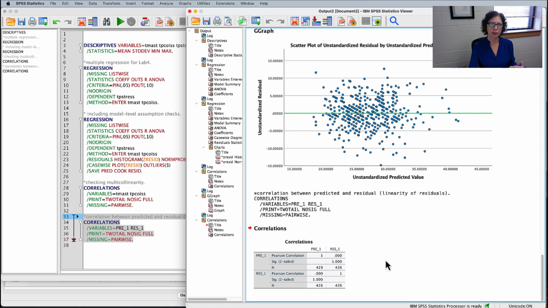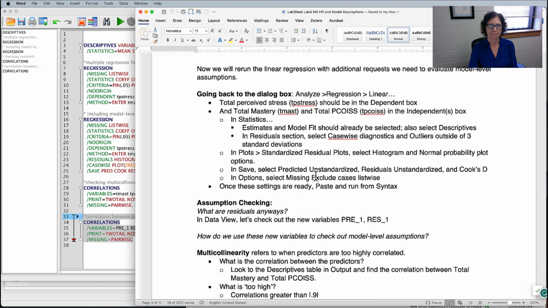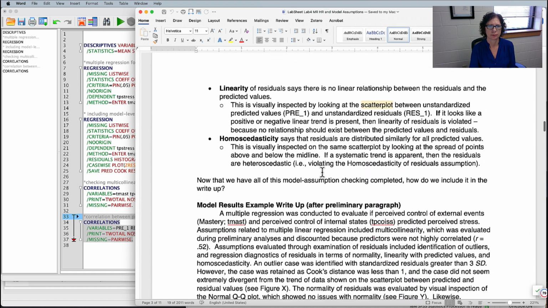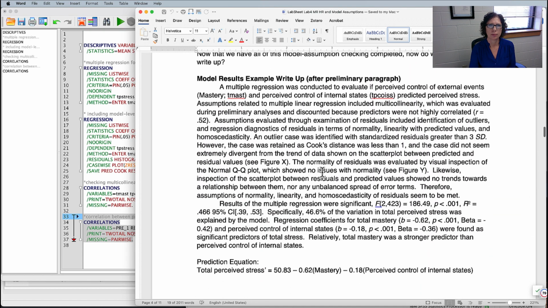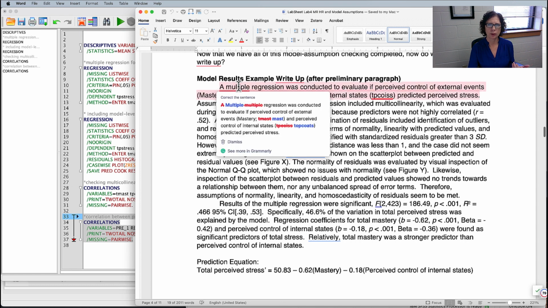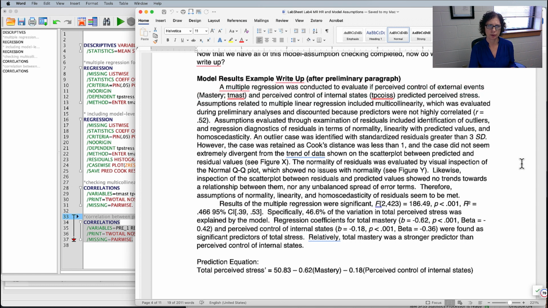And now we want to see, how does this look in a write-up? As before, we let the reader know what we're up to, what kind of regression or what kind of test is being done, and between what variables.